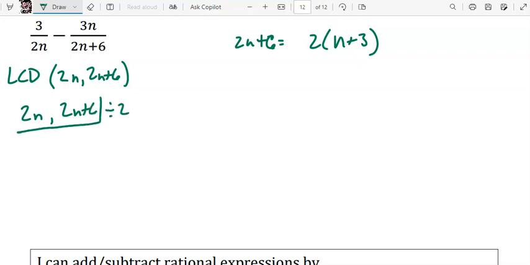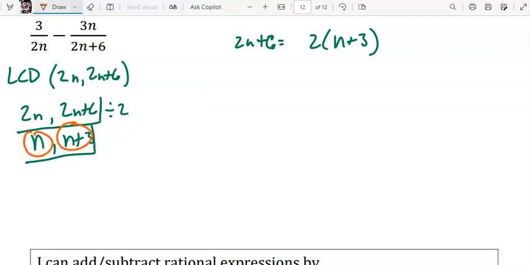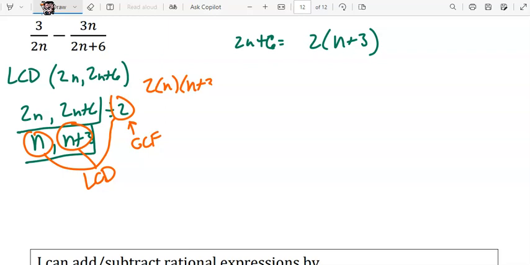So you could divide out 2 out of both of them. You're left with n and n plus 3. Your least common denominator would be the product of this, this, and this. So this is the GCF, and then all together, that's the least common denominator. So if we do that, we have 2 times n plus 3. That's our least common denominator.